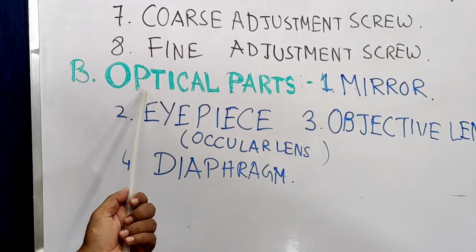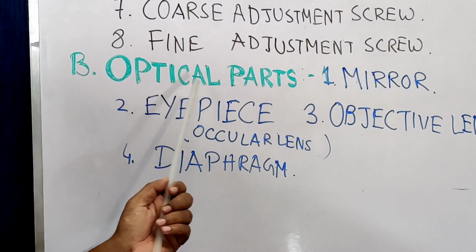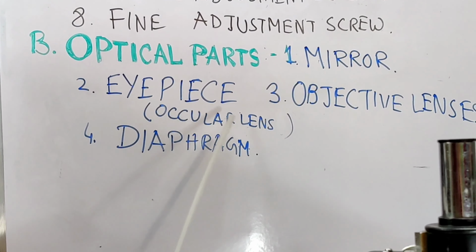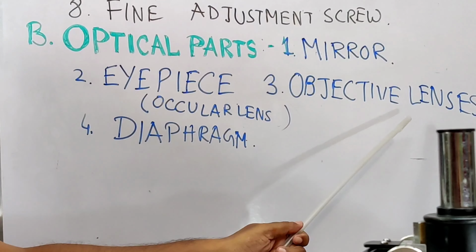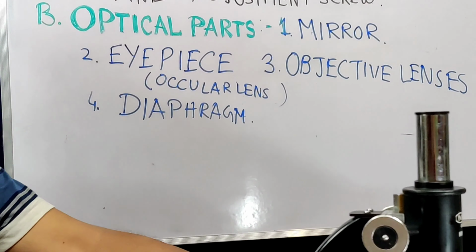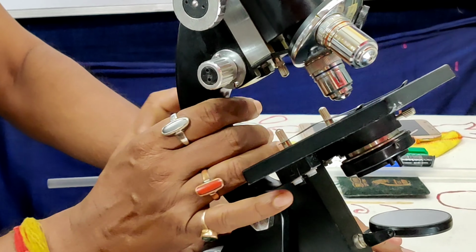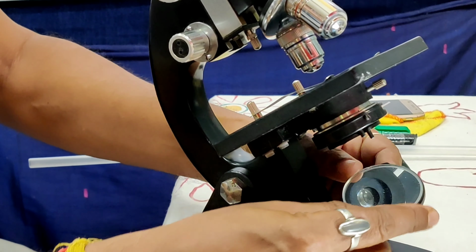Next I am coming to the optical parts. Optical parts include the mirror, eyepiece or ocular lens, objective lens and diaphragm. Now come here, the first one is the mirror.